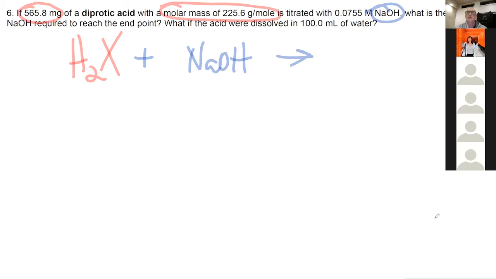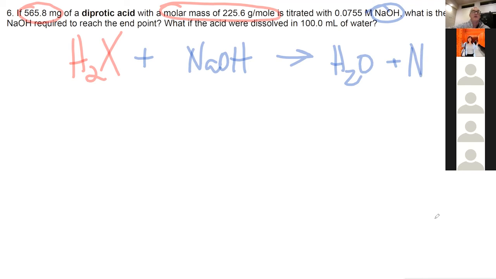And since this is a titration, we're doing a neutralization reaction. So what are our products going to be? Water and salt. So water, and what's our salt going to be? Na2X. That's right. Excellent job.